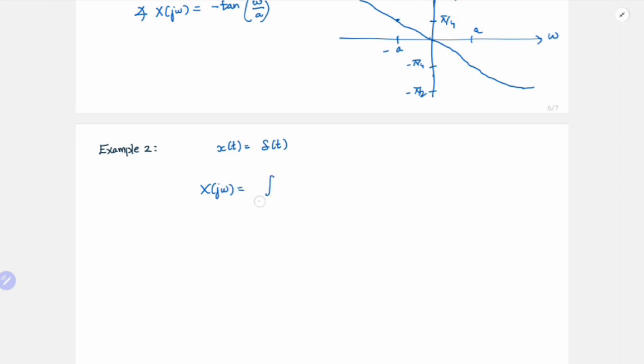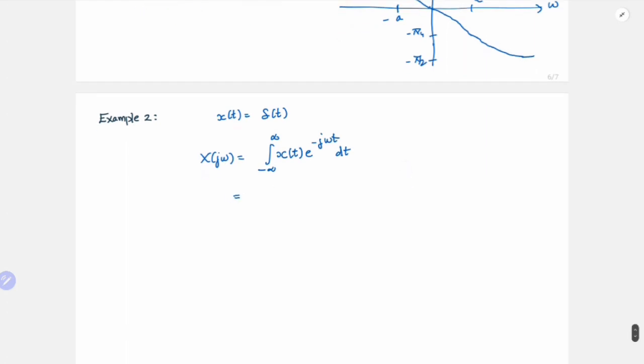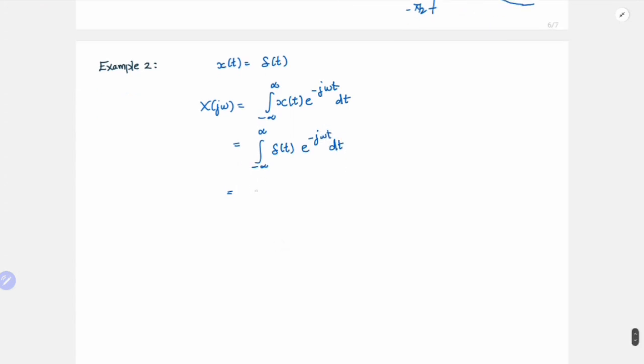X of j omega is the integral from minus infinity to infinity of x of t, and we recall that it should be e power minus j omega t dt. So this is nothing but the unit impulse, and we know the integral property of the unit impulse. We just have to replace t with 0 here. So it will be e power minus 0, which is nothing but 1.